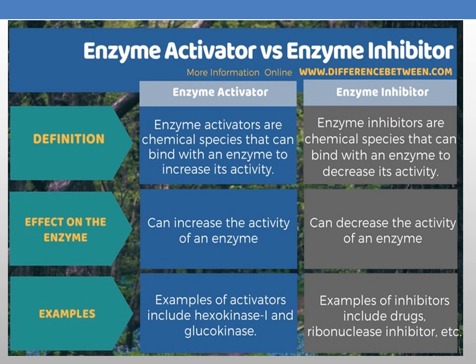Inhibitors, for example sulfa drugs, penicillin drugs, they deteriorate the activity of certain bacteria in our body. So these drugs can act as inhibitors because when bacteria multiply with the help of our cells, or they multiply by themselves, in order to prevent the multiplication of a particular germ or bacteria, antibiotics are used.